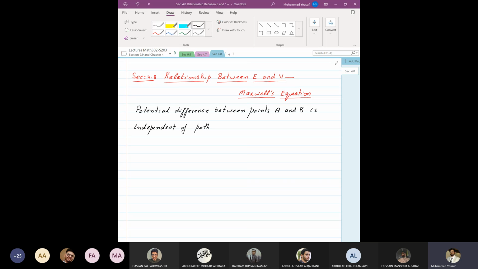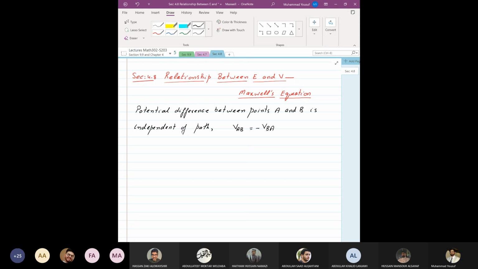So that is why we were using this idea before, that E dot dl can be written as gradient of V. Independent of path, that is, V from A to B is the same as V from B to A. VAB and VBA are equal in magnitude, but of course the direction is opposite, and you also know this from definite integrals. Integral from A to B is equal to minus integral from B to A.